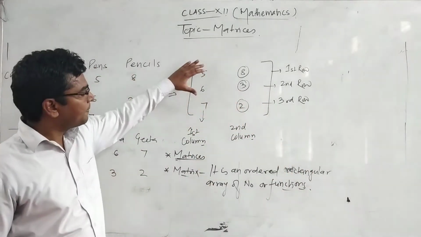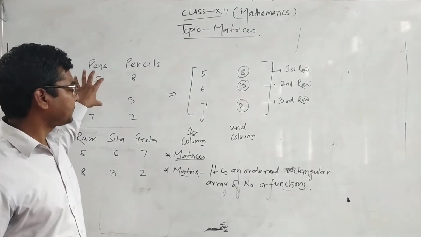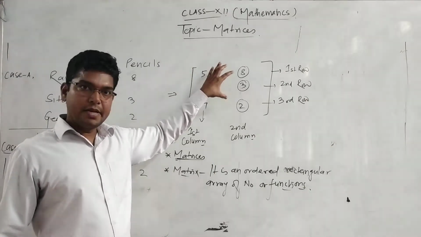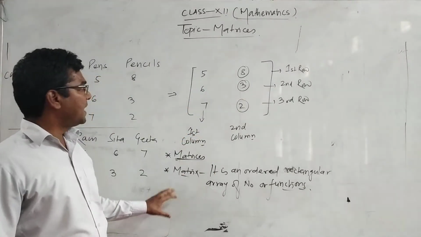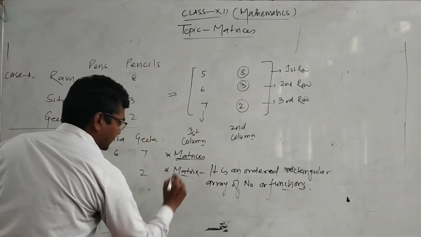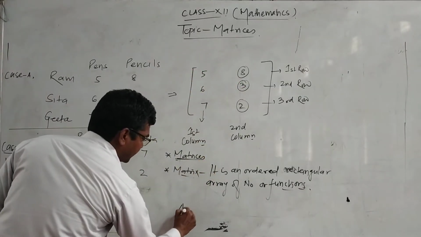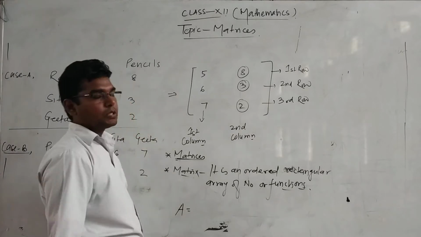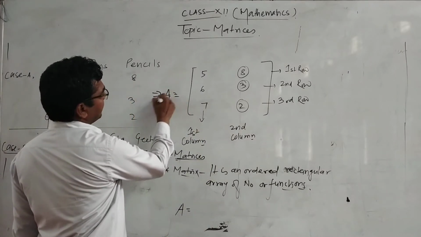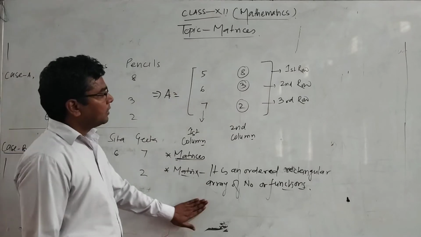So this is the representation of the numbers in a fixed or ordered manner. That's why this is named a matrix. So this is the representation of a matrix, and it is always represented by a capital letter. So you can write the name of this matrix as A, right?